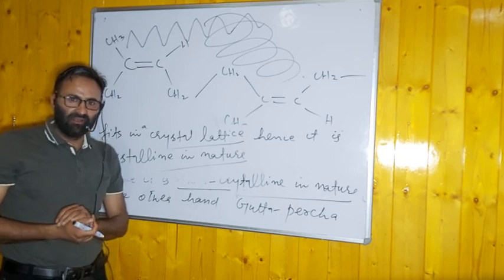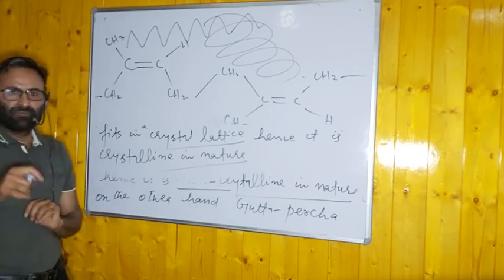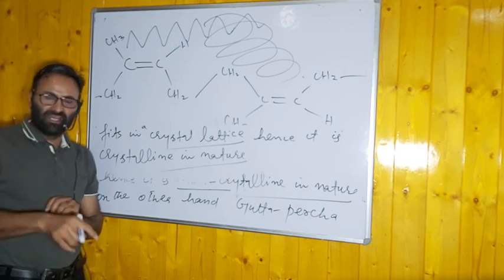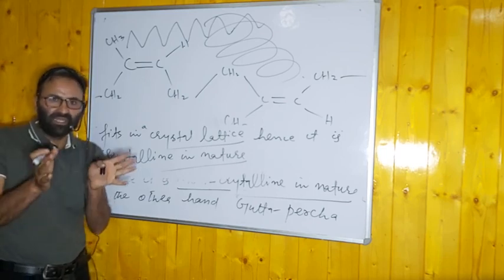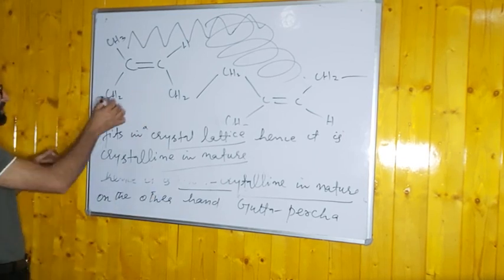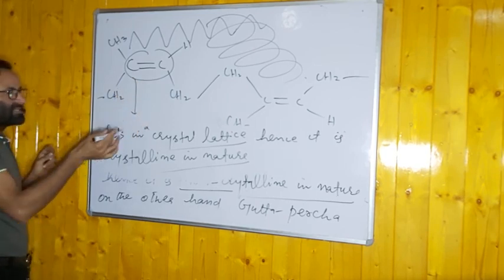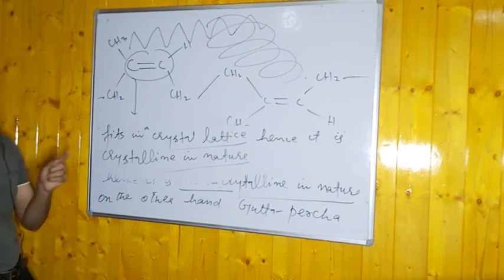In the next lecture, we will discuss the problems associated with natural rubber. What kinds of problems are associated with it? Because of the double bond, I will mention two points. A double bond is an indication of instability and reactivity.